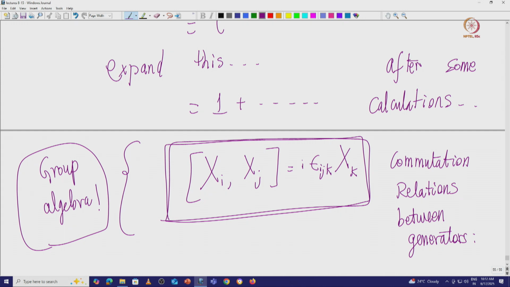That means that you can write commutation relations between generators of infinitesimal rotations, and the generators of the infinitesimal rotations give you this thing.